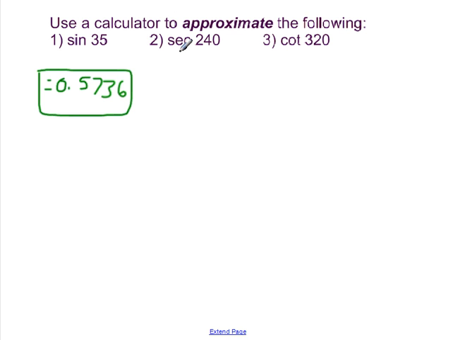Now to find the secant, we don't have a secant button on the calculator. So instead, we're going to use a reciprocal identity and convert it to a cosine. One big mistake a lot of people make is they'll leave the 240 somewhere else, so it gets lost, and people do 1 divided by 240 and then take the cosine of that.